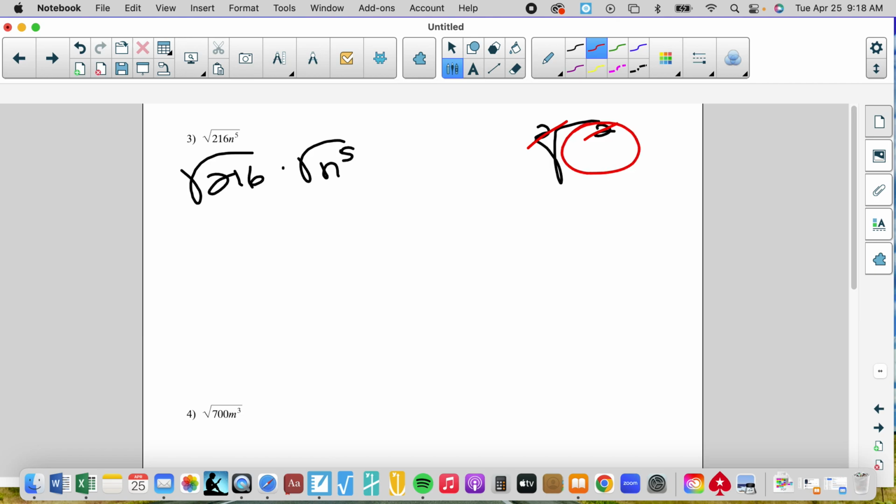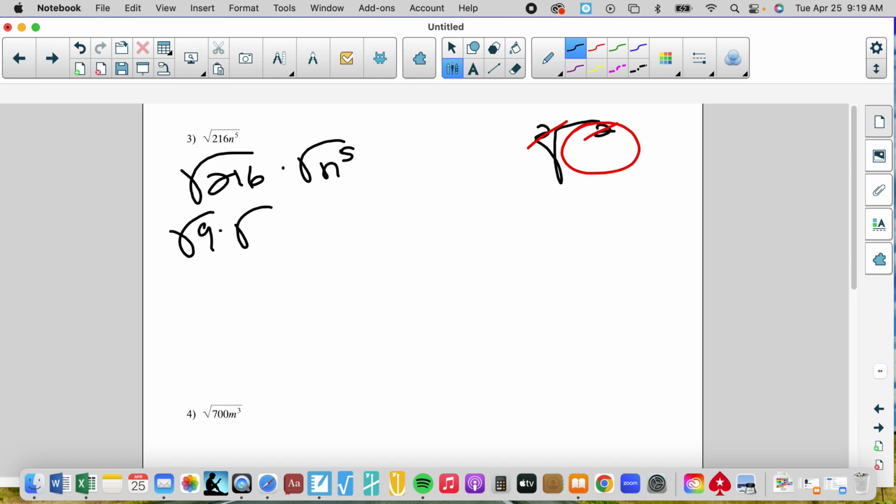So if we can find a square inside of that radical, it will cancel with the square root outside. So 216, what are we going to break that up into? 6, 7, 8, 9. When I add the digits of the number, I know that 9 goes into it because the sum of its digits is divisible by 9. That's the 9 divisibility rule.